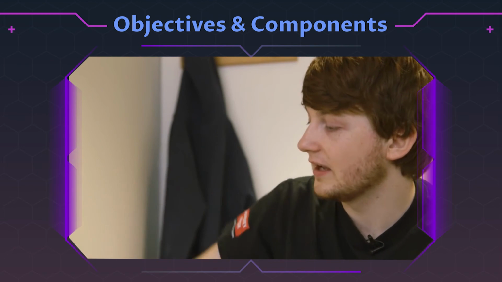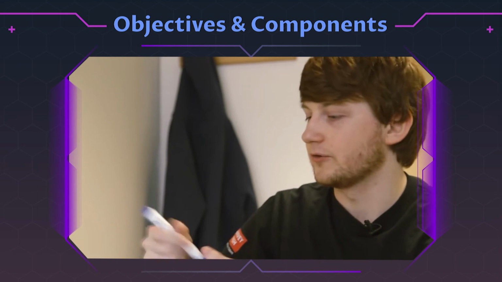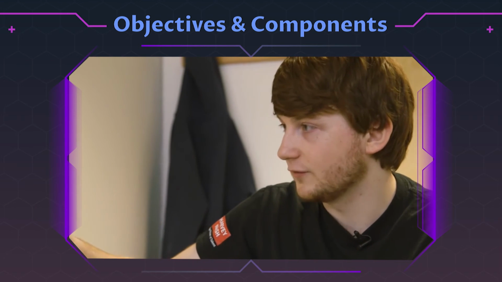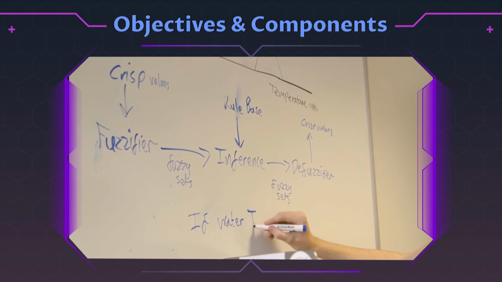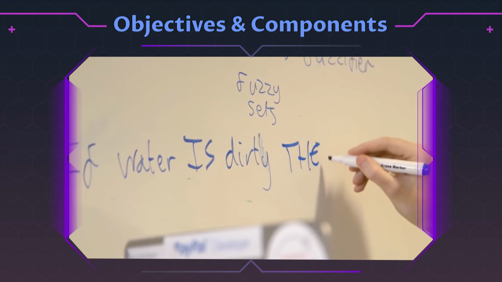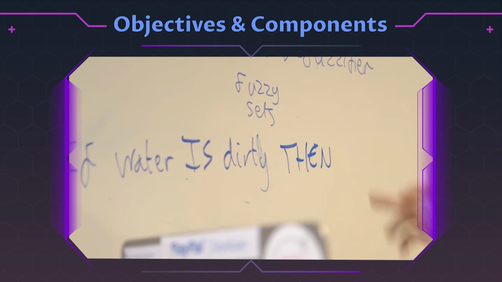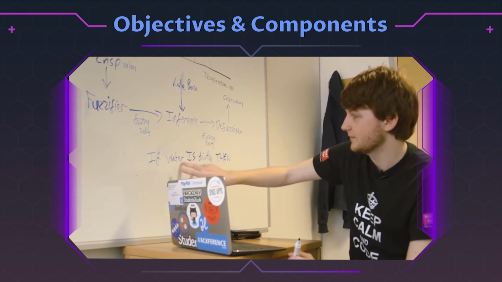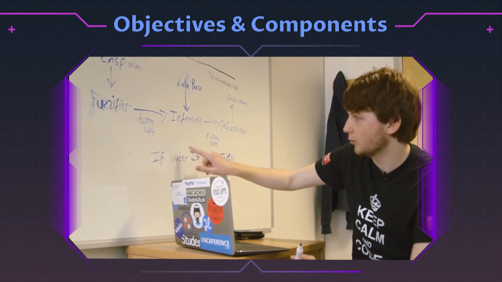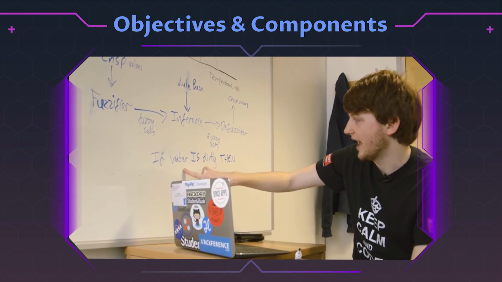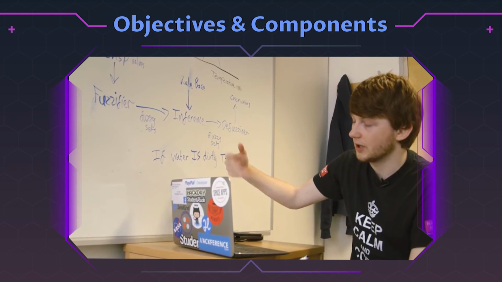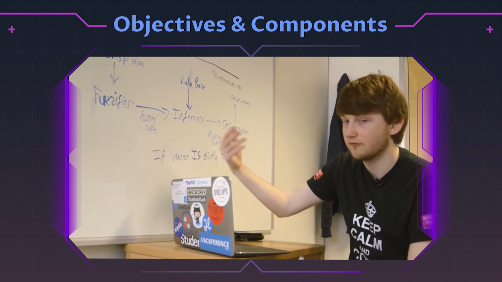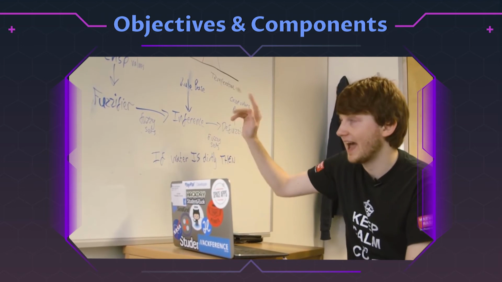So we have a rule base, and a rule, if I quickly draw this on the board. So a rule has the form of an antecedent, then a consequent. If water is dirty, then, and then this will also be a fuzzy set. So water is dirty. This is a fuzzy set. So we're looking at our water, which will probably come from here, and we'll check it against the dirty membership function. So if we go back to our shower control example and think about that, we might say if water is warm, and we check how much it's warm.